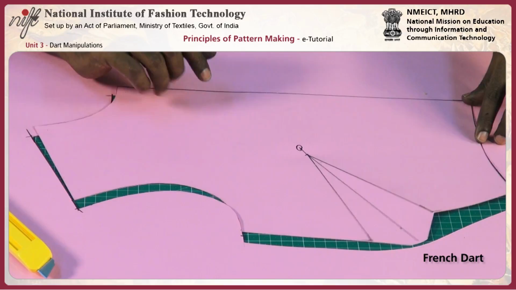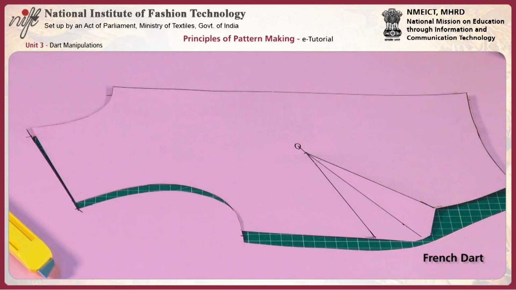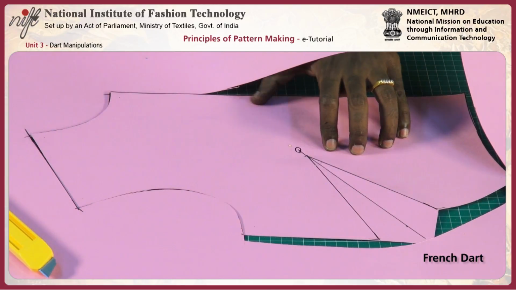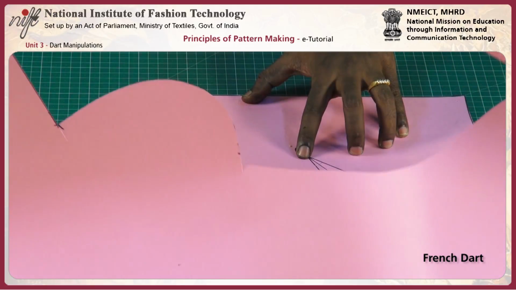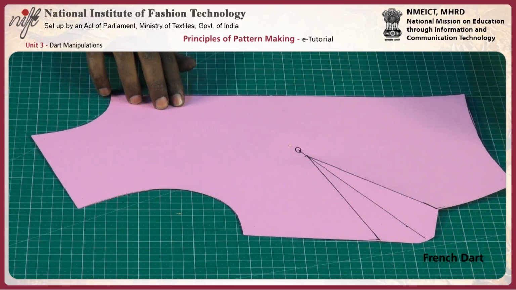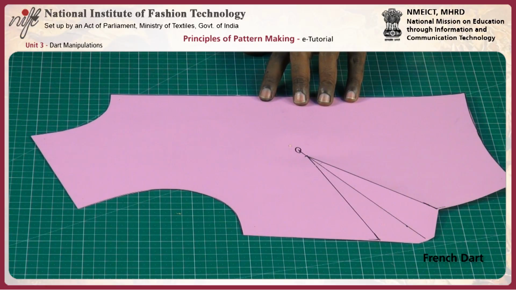By this, we are converting waist dot to bust dot. Now you have learned how to convert waist dot to French dot.